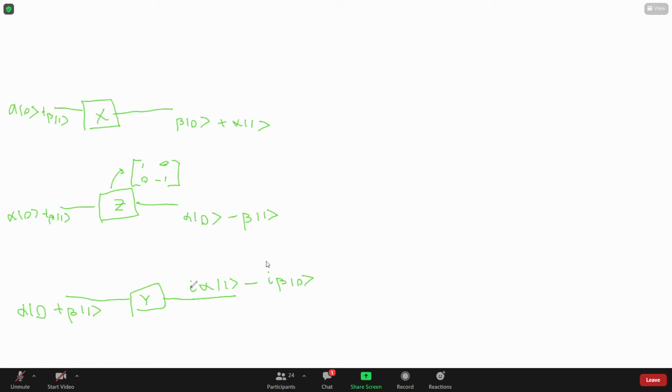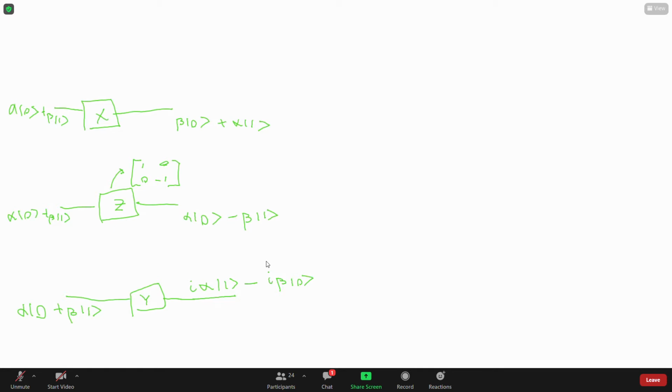So this one both flips, and changes the relative sign between 0 and 1, and it adds a global phase of i, which we don't care about. So you can really think of Y as both doing X and Z plus a global phase. Good.